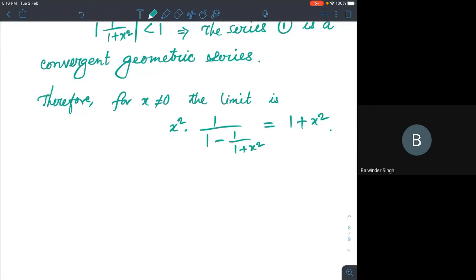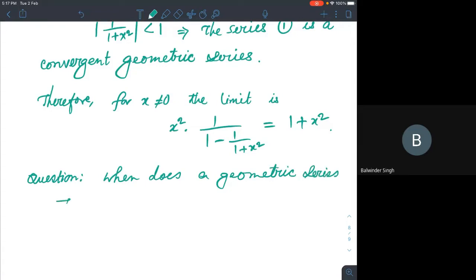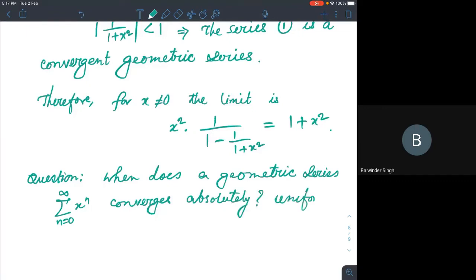So now another question, which we answered last time. When does a geometric series, summation x to the power n from 0 to infinity, converge absolutely, uniformly, pointwise?